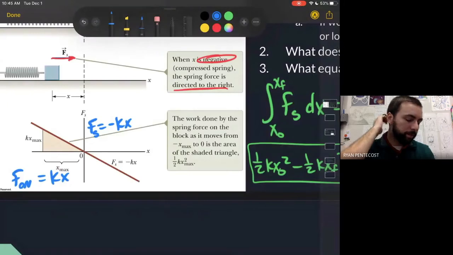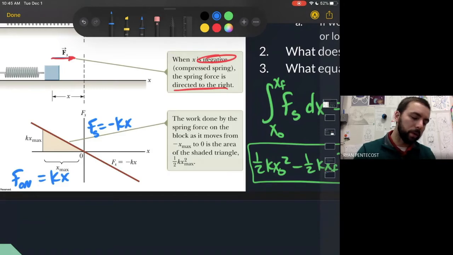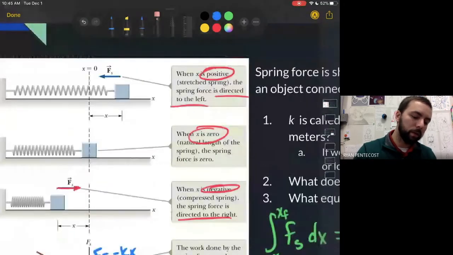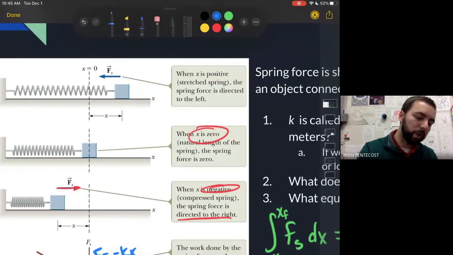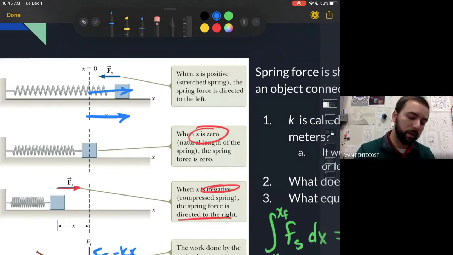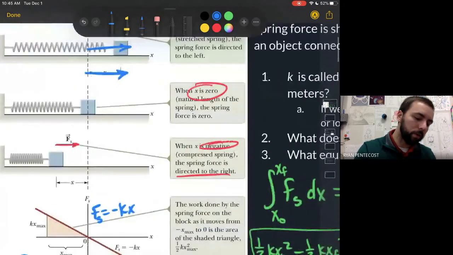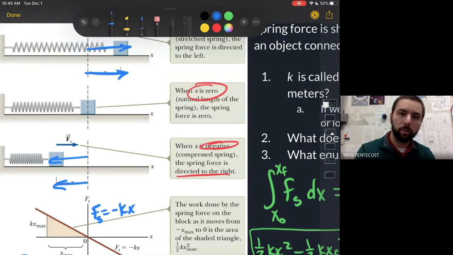So, for example, let's say we're going to stretch a spring. This is a positive x, and to do so you have to have a positive force. That jives with our equation down here. If you're going to compress a spring, you've got negative x, but your force would also be negative.